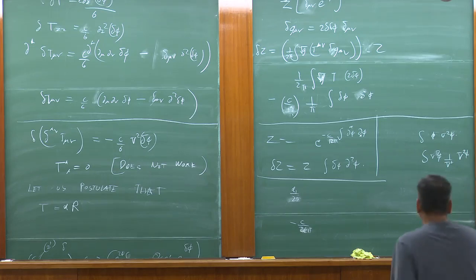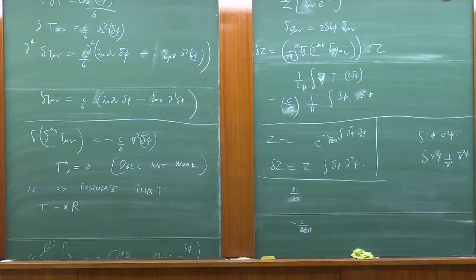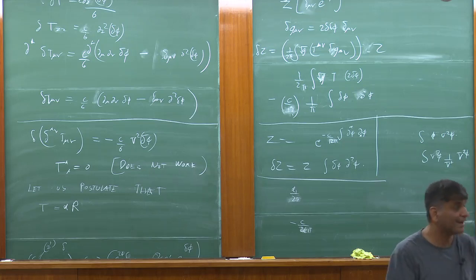Every metric can be brought to delta by a Weyl transformation and a coordinate transformation. We've already understood how things transform under Weyl transformations. That was not clear from general principles, but we figured it out. Coordinate transformations, well, that's an invariance. So we should have the answer to the partition function on the sphere, let's say, for every choice of the metric.